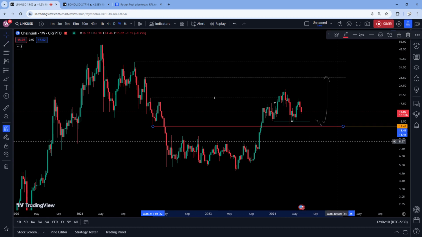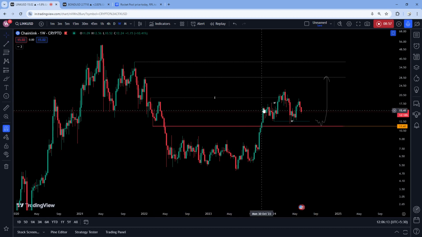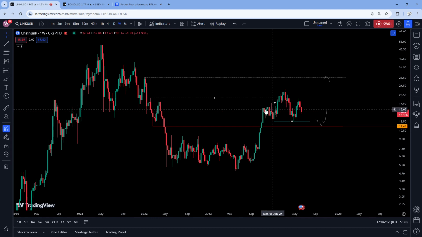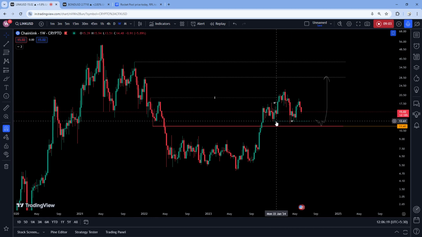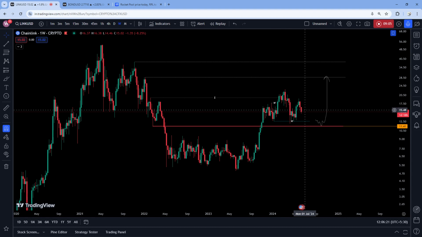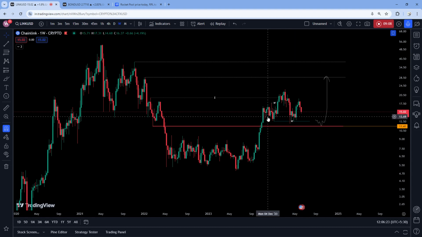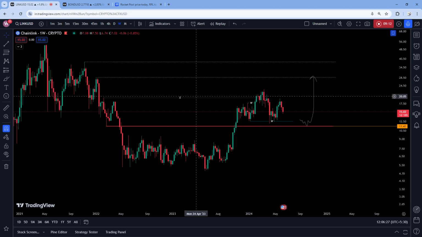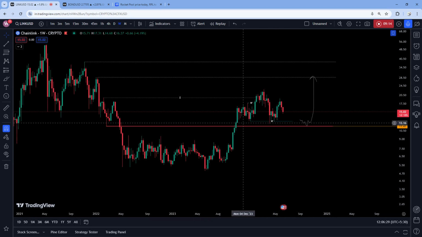I'll mark it with red. We broke above this support and now we are forming this range. And if a similar thing happens on the daily time frame in the RPL USD chart, then again I'll be targeting highs of that chart. This is what I was talking about, ranging above that support.